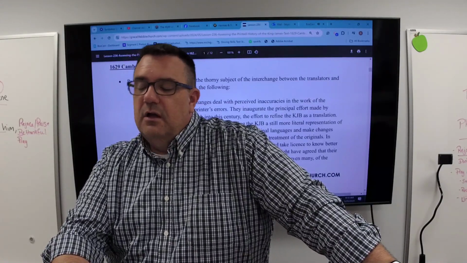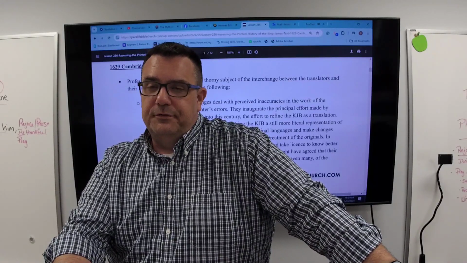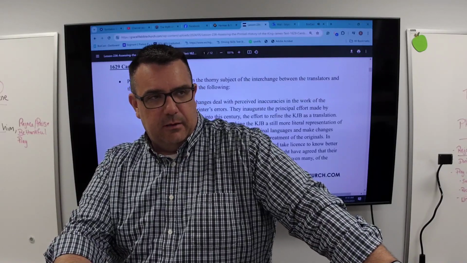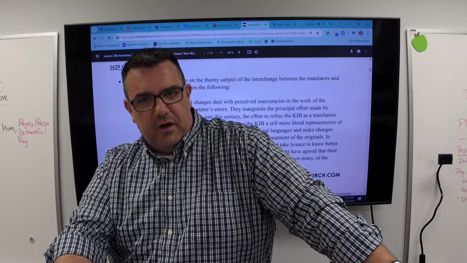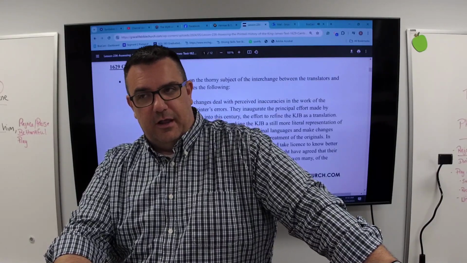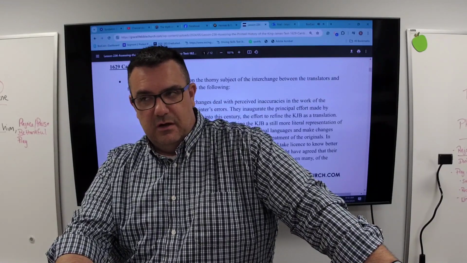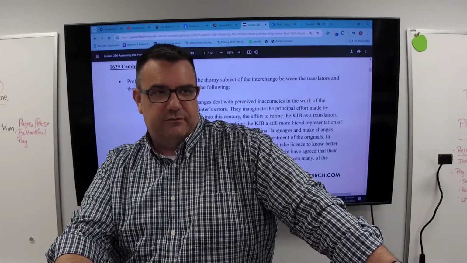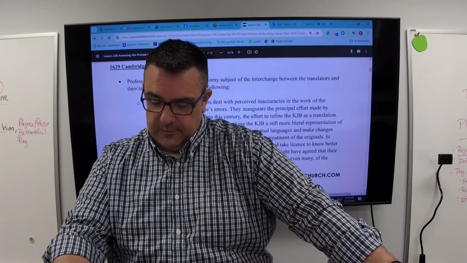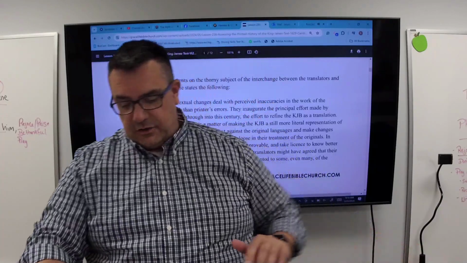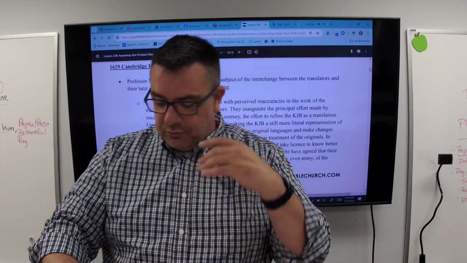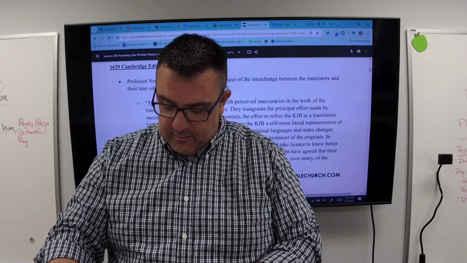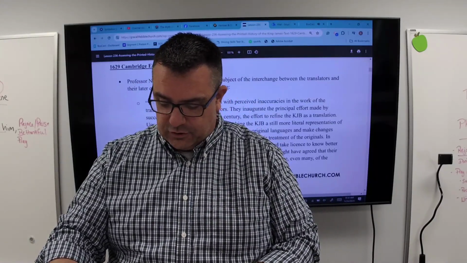So in other words, later editors, according to Norton, are taking the King James text and comparing it with Greek and Hebrew, and in places where they felt the translators weren't literal enough, they make adjustments, and the adjustments they make are towards a more literal representation of the text. That's what he's saying. Okay? "In doing this, they treat the translator's work as improvable, to take license to know better than them how their work should read."